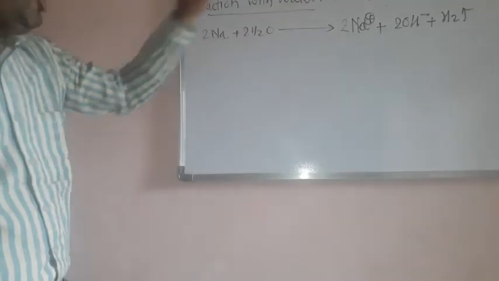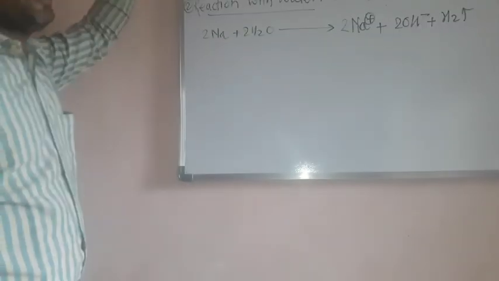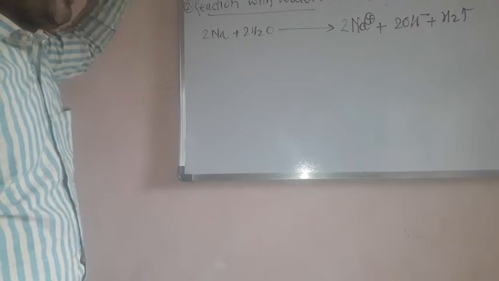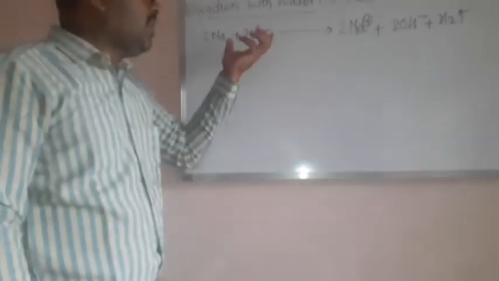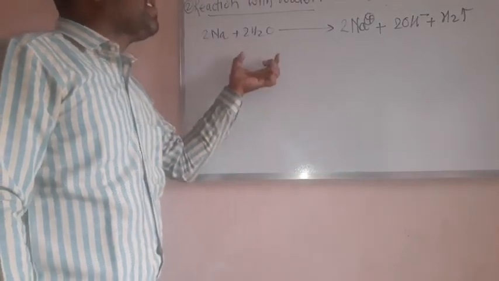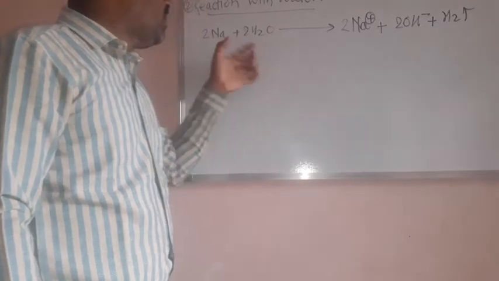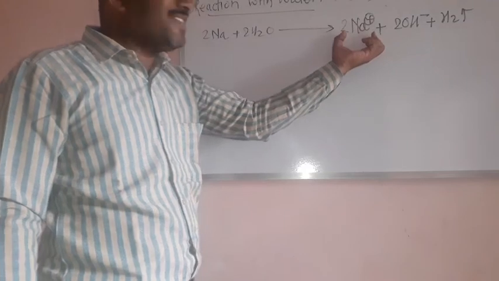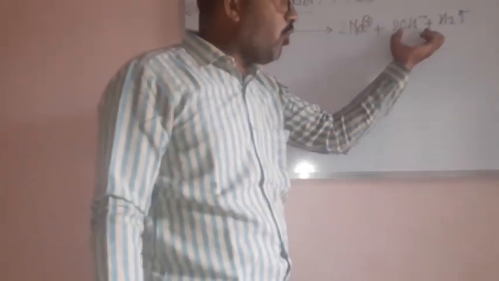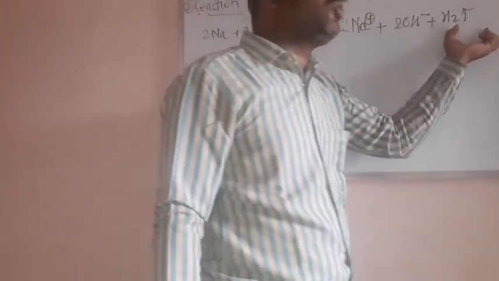Lithium reacts slowly, but sodium and potassium react vigorously with water and evolve heat during the chemical reaction, so this is an exothermic reaction. When sodium is reacted with water, it gives two Na plus ions along with two OH minus ions, and hydrogen gas is evolved during this reaction.